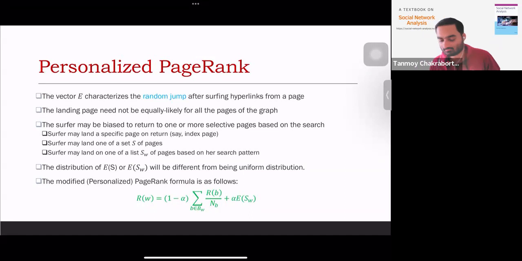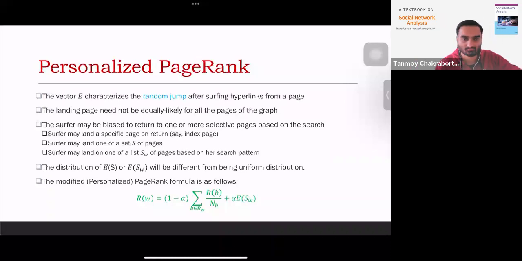I want 20% of the nodes, or I want only this set of nodes, say node 1, 5, 8, 12. Only these 4 nodes to be equally likely, and other nodes' preference would be 0.